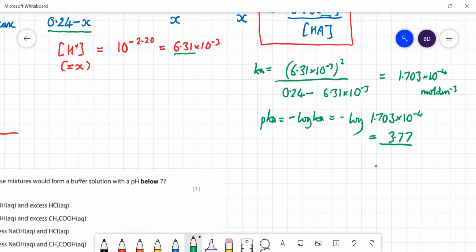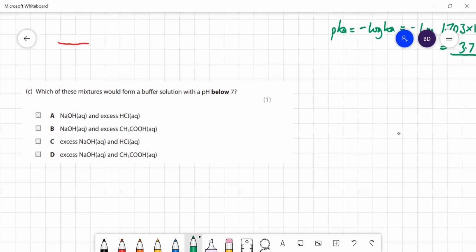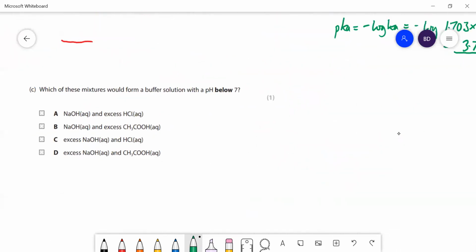Right, here's a question about buffers now. Which of these would form a buffer solution, with a pH below 7? What do we need for a buffer? A buffer is made up of a weak acid and its conjugate base, in other words, HA and some A minus.